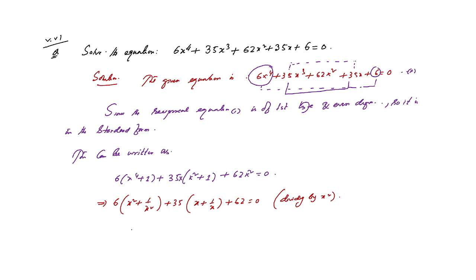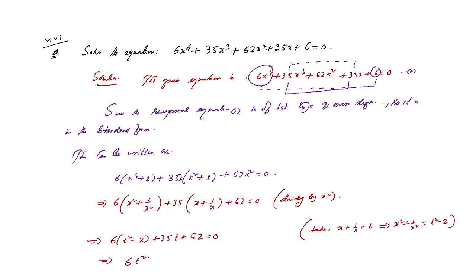Okay. Now what will you take? You will take x plus 1 by x equals to t, and that implies x square plus 1 by x square will be t square minus 2. So what will you write? 6 into (t square minus 2) plus 35t plus 62 equals to 0.